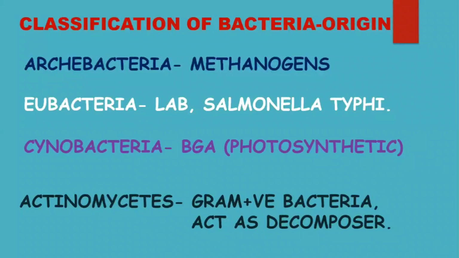They help in the process of decomposition. Generally, decomposition is related to fungus. They are bacteria which help in decomposition. And the word mycetes is generally related to fungus. Here, bacteria have been given the name actinomycetes. So don't get confused.